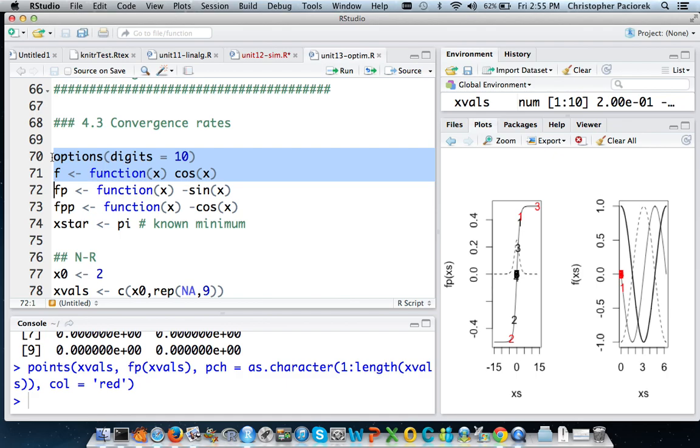Obviously my first derivative is minus sine of x, and my second derivative is minus cos of x. For this particular case, if I start close enough to pi with Newton's method such that it converges there, we're going to see that it does indeed converge quite quickly.